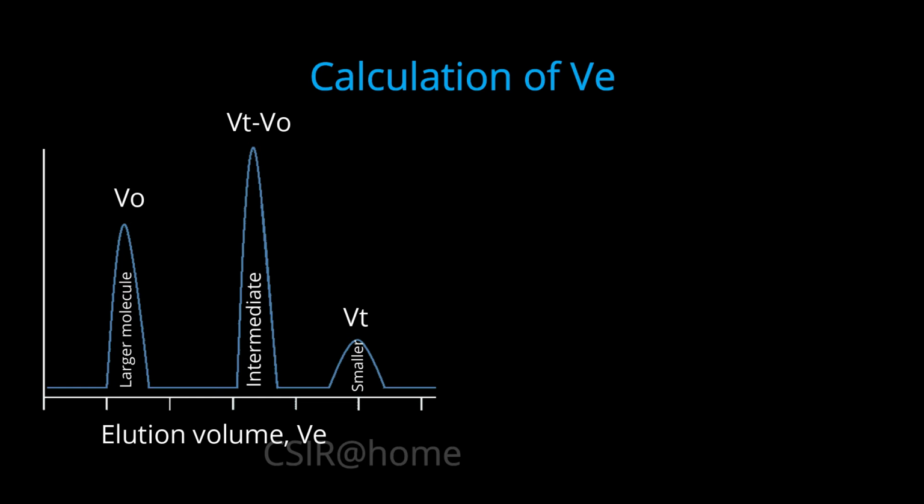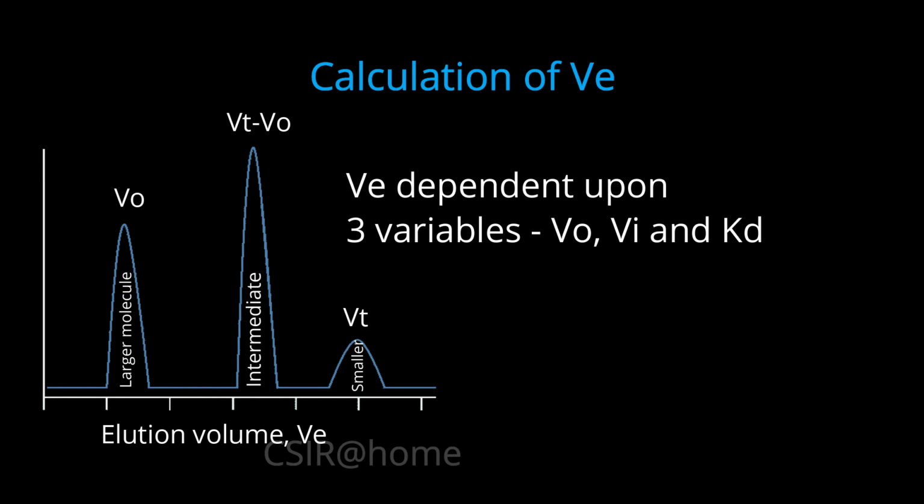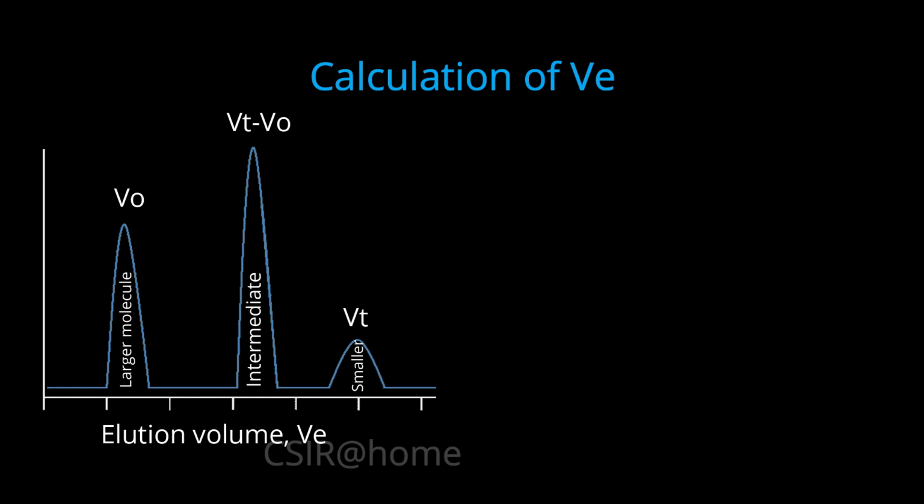The elution volume of a given solute, Ve, is the volume of solvent required to elute the solute from the column. Ve is dependent upon three variables, Vo, Vi, and Kd. A solute molecule that is partially restricted from the pores will emerge with elution volume Ve between two extremes, Vo and Vt.